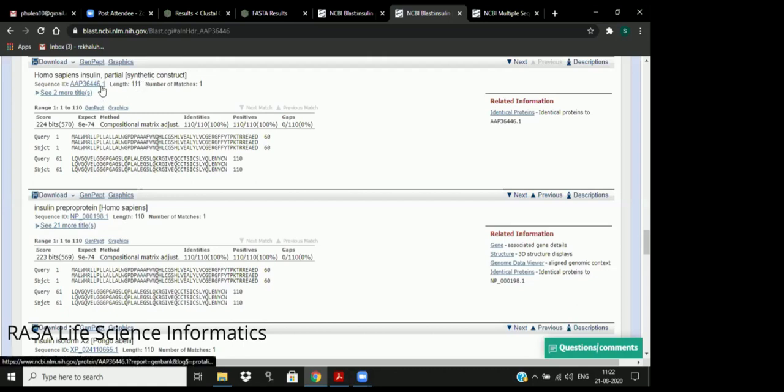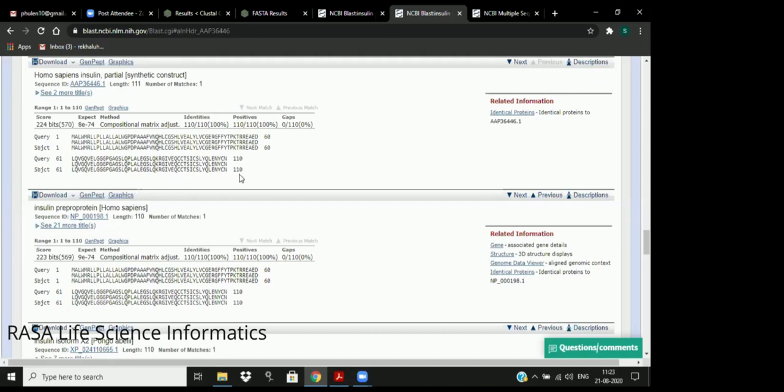Now let us understand the alignment over here. It is written Query 1 and the sequence, then 60 is written. In the second line some sequences are written. In the third line the Subject 1 sequence and 60 is written. Similarly, the next page tells you Query 61 and so on. I think you can figure out what these numbers written after query and subject are.